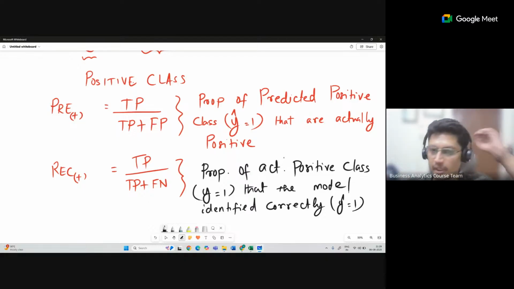So precision deals with the predictions of your model, while recall deals with the proportion of actual positive class that were identified correctly. So this is with respect to your model building, and this is with respect to your actuals.